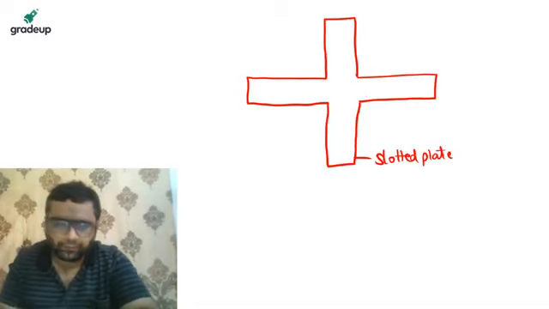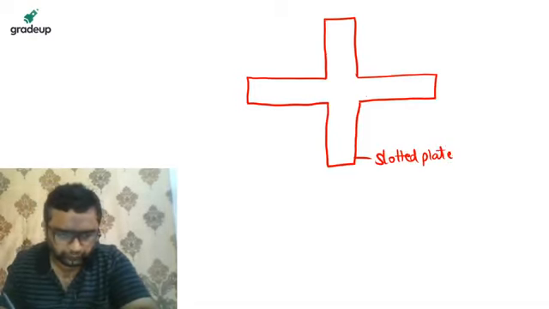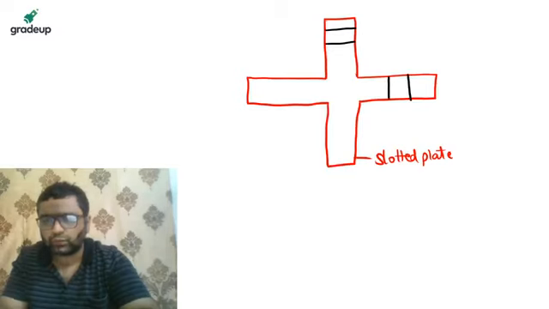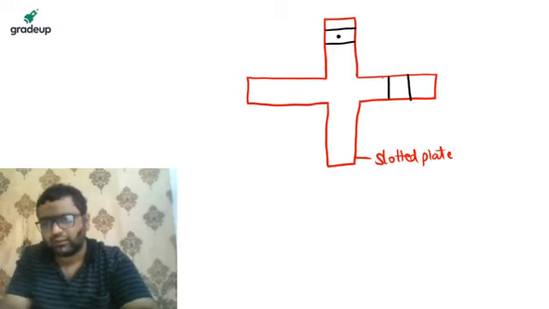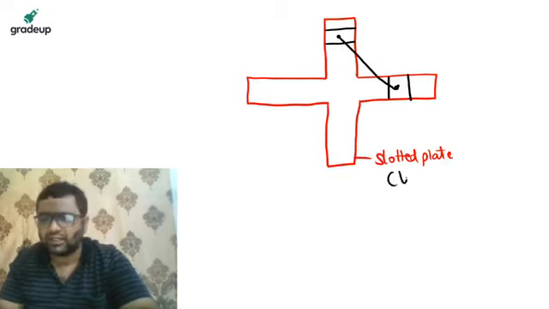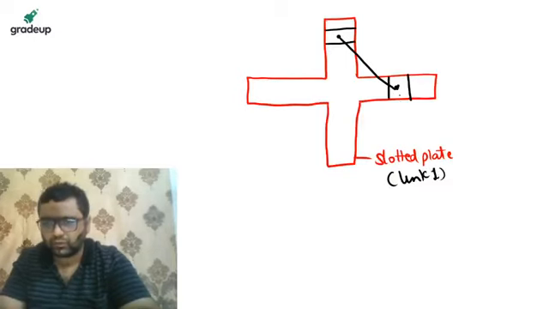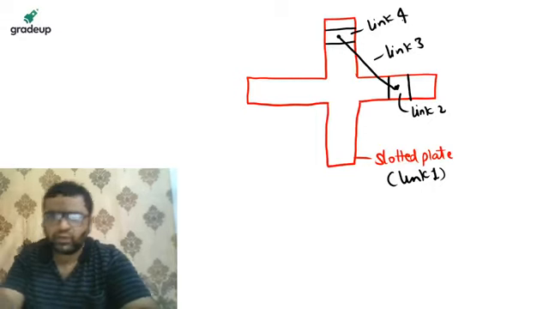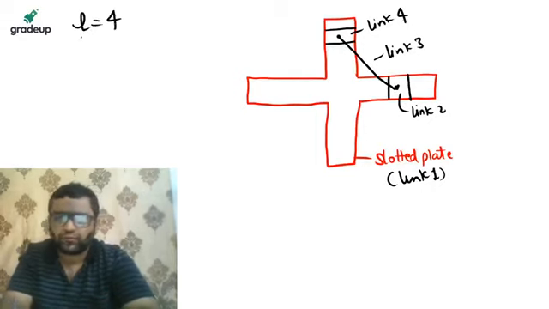This is slider 1, this is slider 2, and they are connected with a coupling rod like this. This is link 1, link 2, link 3, link 4. So the number of links is 4.